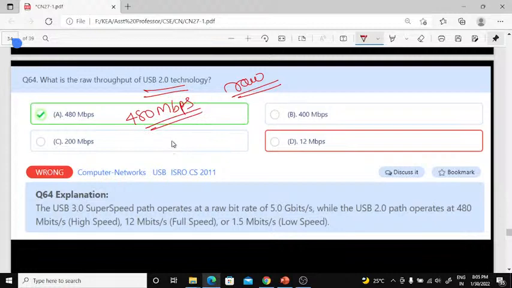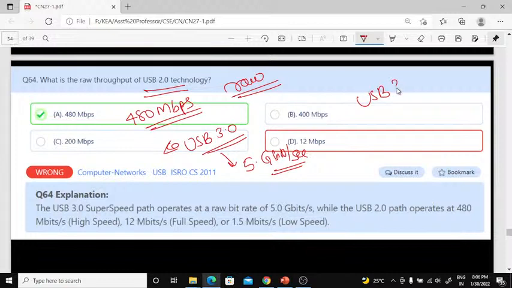USB 3.0 SuperSpeed operates at a bit rate of 5 gigabits per second. So USB 3 is 5 gigabits per second, and USB 2.0 is 480 megabits per second.